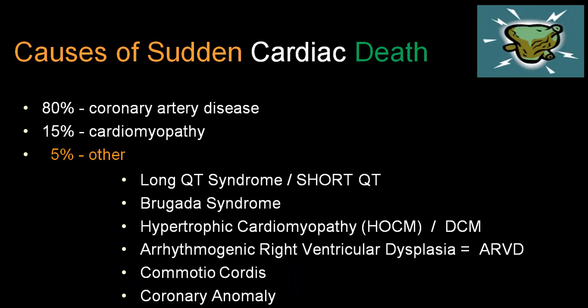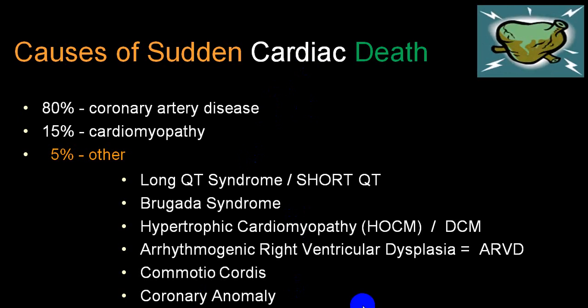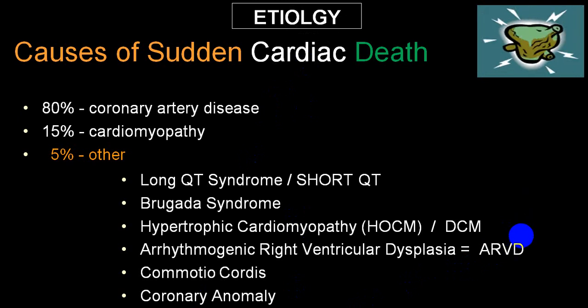Catecholaminergic polymorphic ventricular tachycardia is an acquired group, and that can end up with sudden cardiac death. And very rare, this is again congenital, WPW syndrome can end up with a cardiac arrhythmia which can be lethal. By and large, it will end up with what we call a re-entry tachycardia, AVRT, rather than ventricular tachycardia.